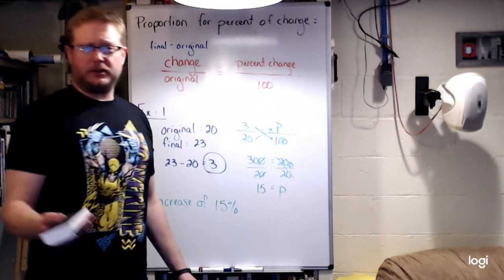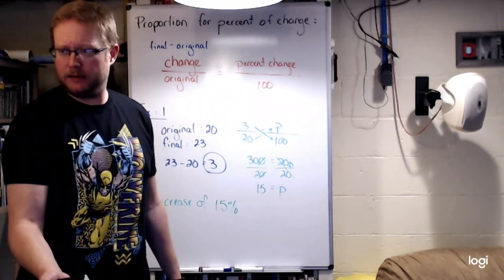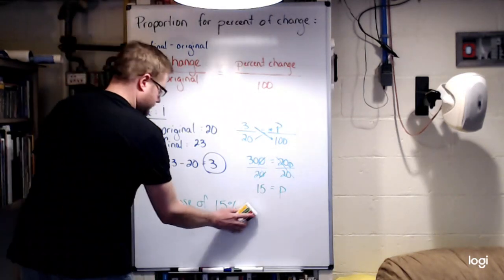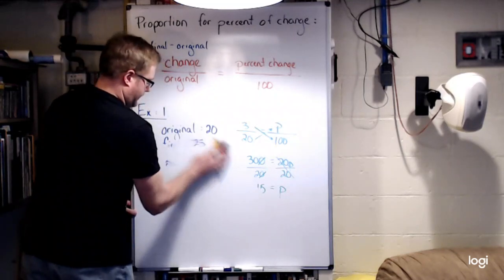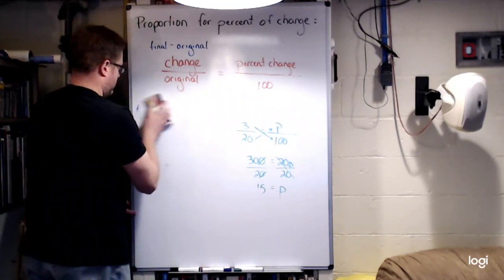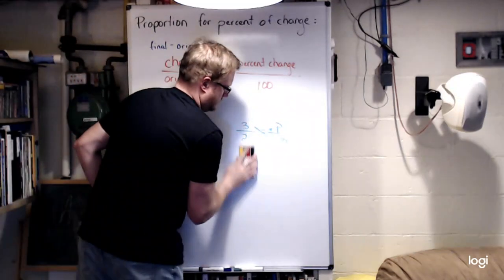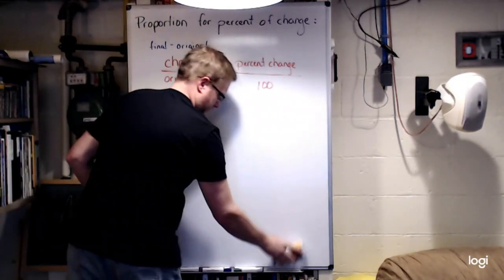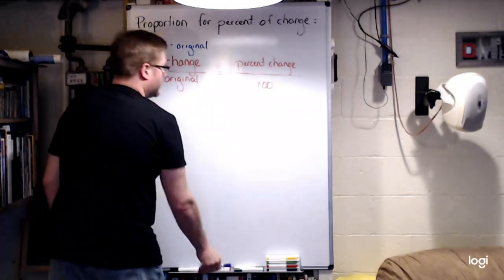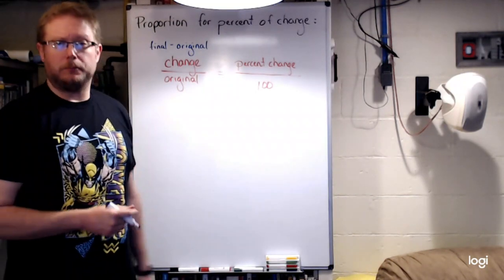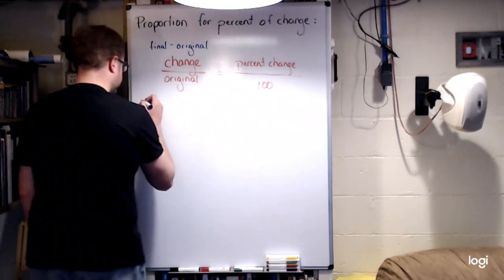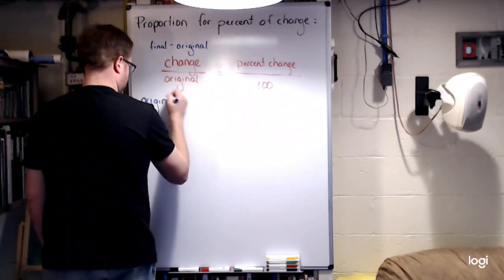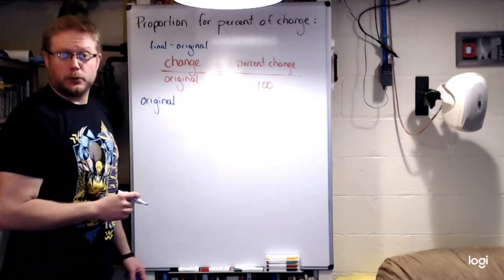So if you're with me, I'm still at the top of page 119, example 1, and I'm doing part B. Let's take a look at another one. It says for part B, my original was 25.